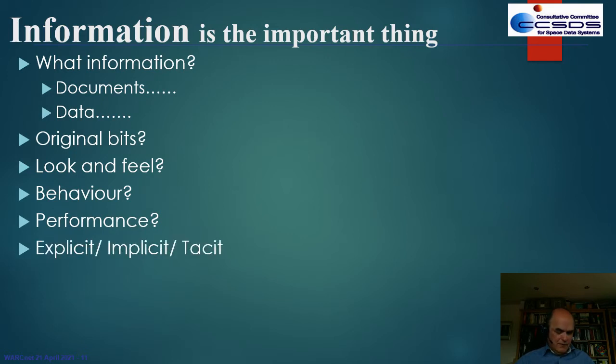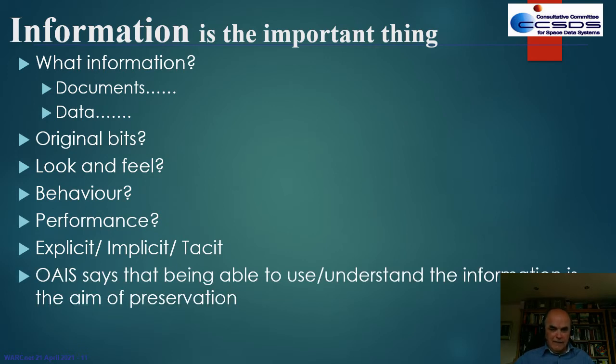Maybe we need to consider things at different levels of some kind. Explicit, maybe perhaps the obvious things. Implicit, maybe the internals that happen behind the scenes. Or tacit, things that need something that I already know in order to make sense. For example, some concept that an astronomer would just refer to by name, but somebody who's not an astronomer might not understand.